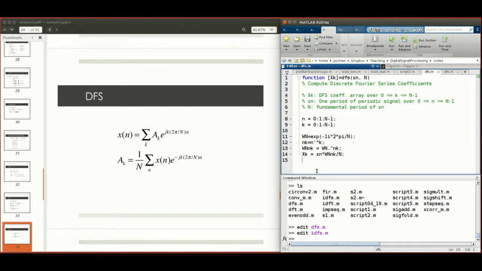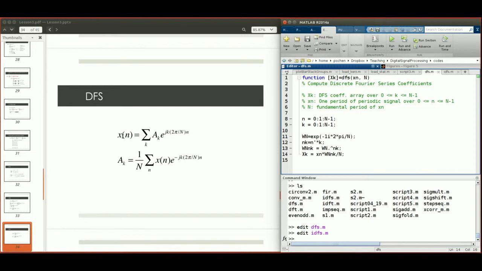And that's the analysis equation. Don't forget to divide by big N here. That's the analysis equation, right?